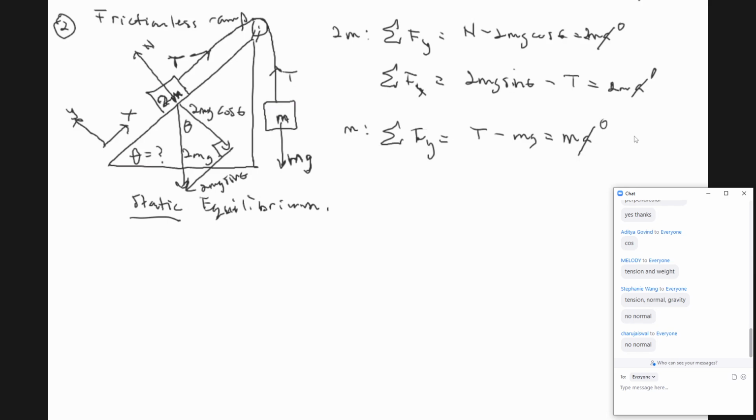So we have two unknowns. We don't know the angle, and we don't know tension. We can solve for normal force in terms of the relative angle. We don't know this. So let's solve for it. Notice that if an object is frictionless, what do we not need to worry about?